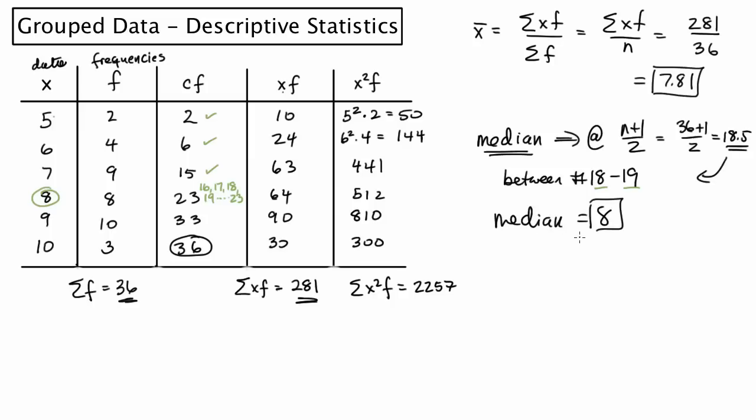Well, simple enough. The last thing we want to look at is standard deviation, and we use the grouped variance to start us off here, and this is usually how I've expressed it in class. The group variance formula is this big formula.